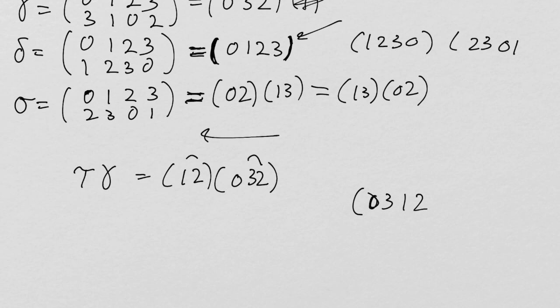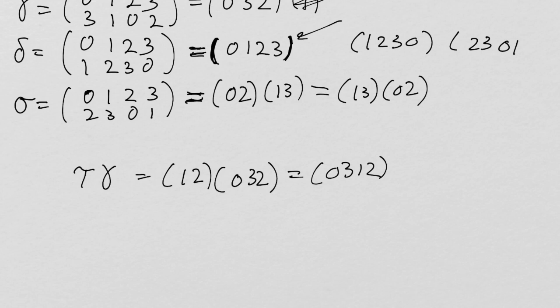And then 2 goes to 0 in the first cycle and is unaffected by the second cycle. So that completes our product. So the product is 0, 3, 1, 2. And I think the way we think about this is it's really tau after gamma. So we apply gamma first, which sort of explains why we go in this direction as our convention.